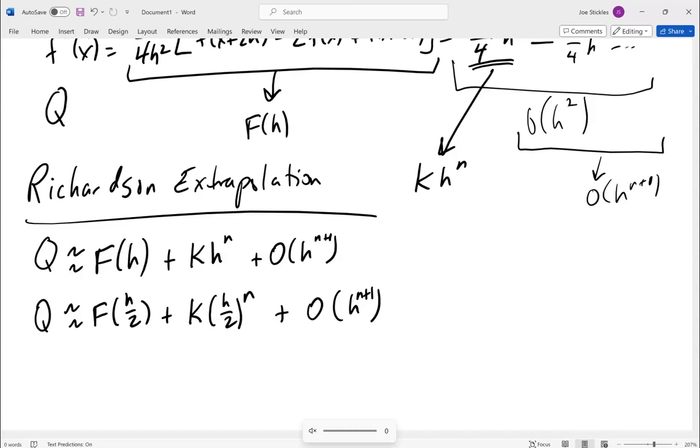Yes? Can you explain why we're dividing this by two? We're just trying to get another approximation of the quantity, and we're using a smaller value of h to do it. If I replace the h to the n plus 1 with an h over 2, it's still going to just have constants in it.